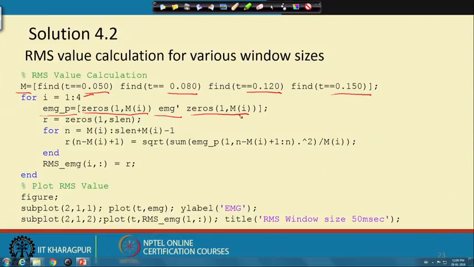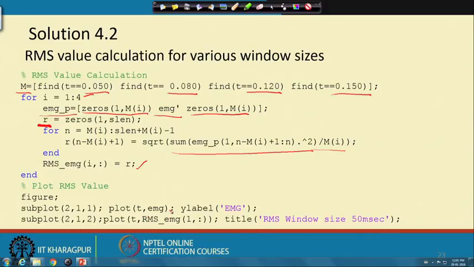So, within that window we are computing the value R, taking the sum of the energy divided by the window size and taking the square root of that. So, we get the RMS output.